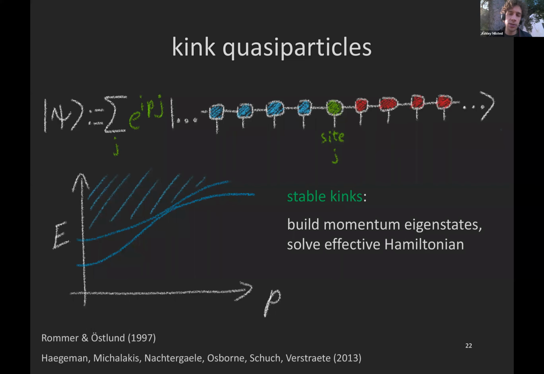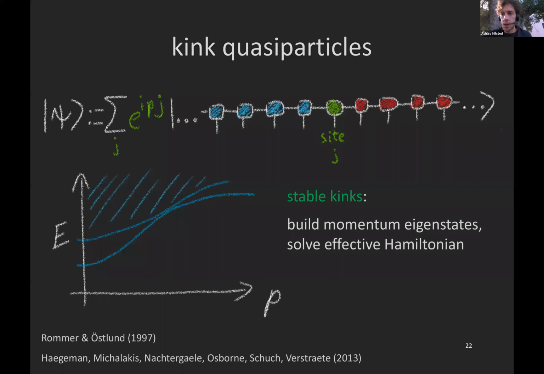This is easier to explain if there's no explicit symmetry breaking and you can have low energy topological excitations in your system, low energy kinks. In that case, this is old news. You can do this optimization. You can form the effective Hamiltonian for the green tensors, and you can find kink quasiparticles of the system.